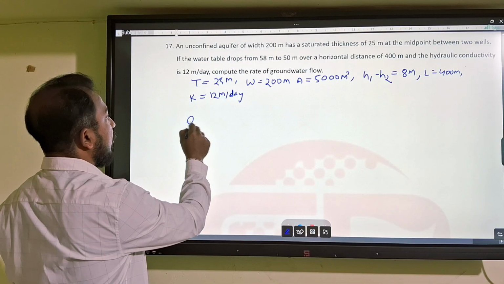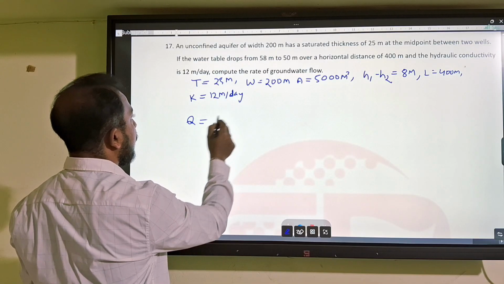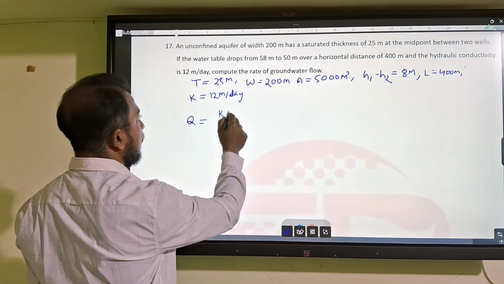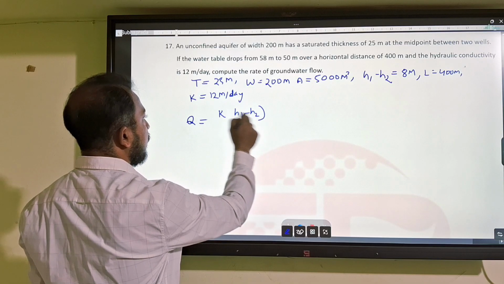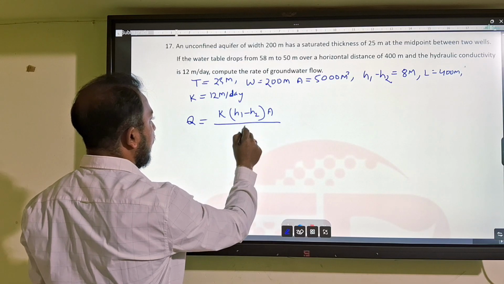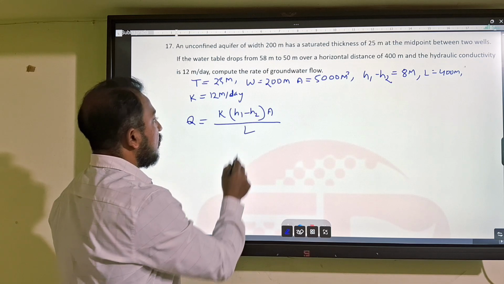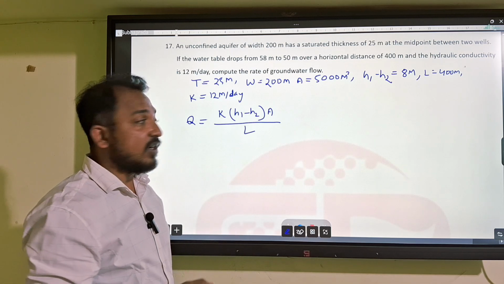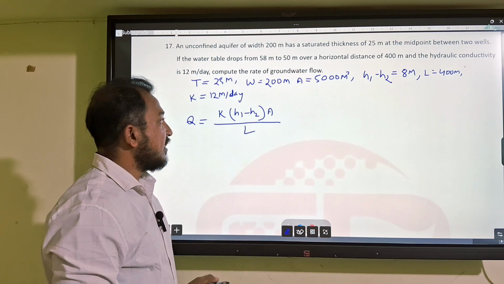So it will be Q equal to K, then (H1 minus H2) A divided by L. So remember, always try to write down the formula so that it will be easily memorized.